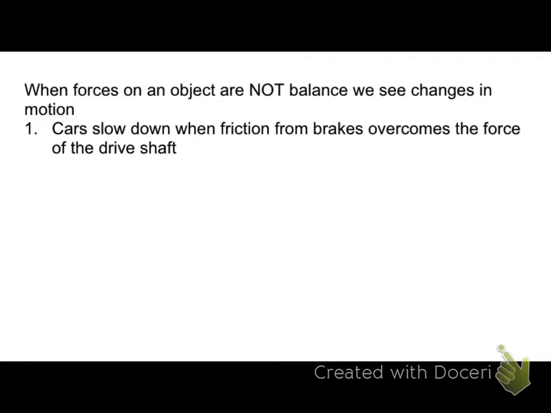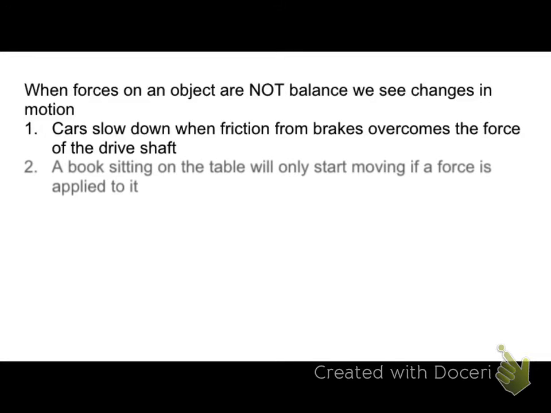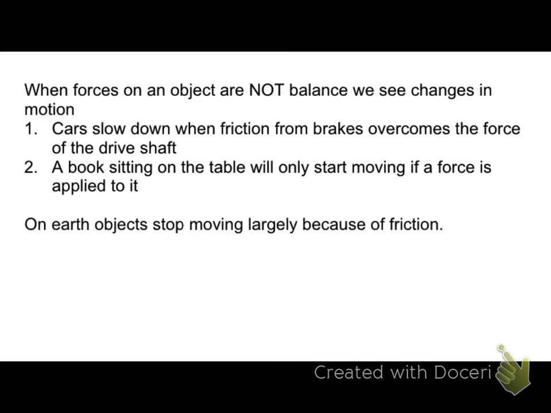It continues at a constant velocity. But as soon as that friction increases to a point where the force becomes unbalanced, that car begins to slow down. A book that's sitting on a table isn't going to move from being at rest until you apply an unbalanced force to it. On Earth, objects largely stop moving because of friction.